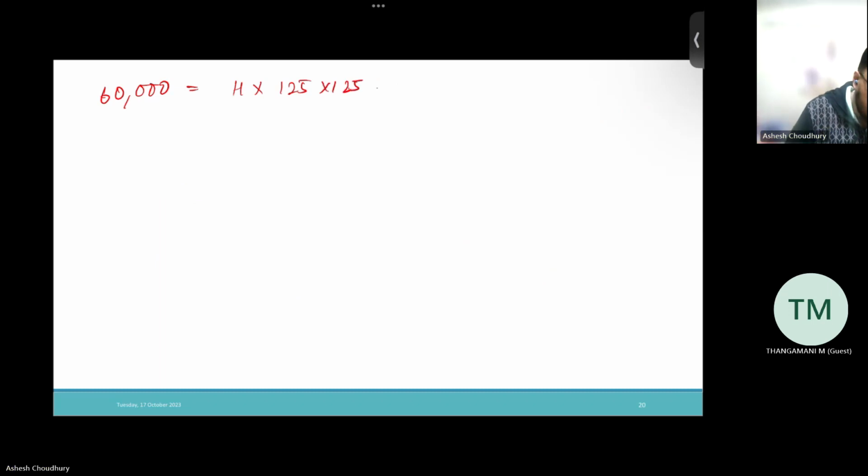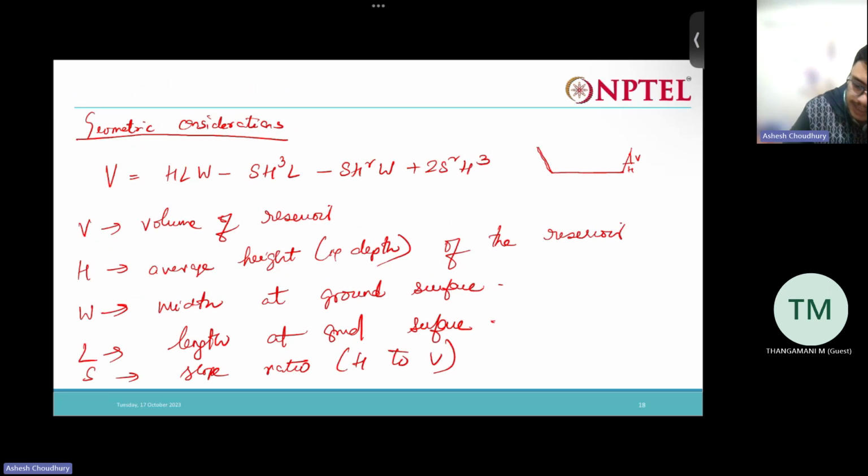HLW minus S H square W, S with slope ratio horizontal means 3 by 1. In our case, S is 3 by 1.